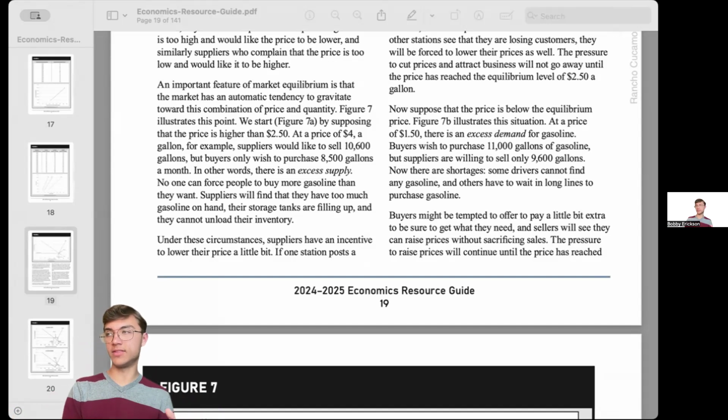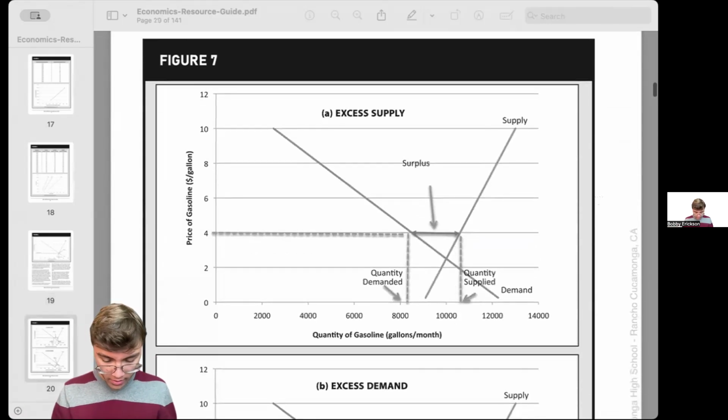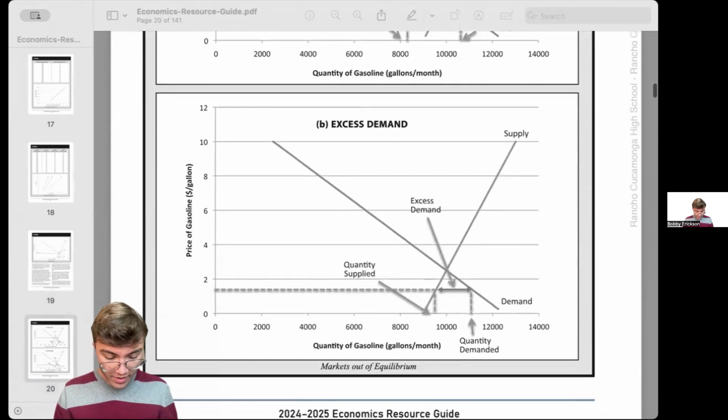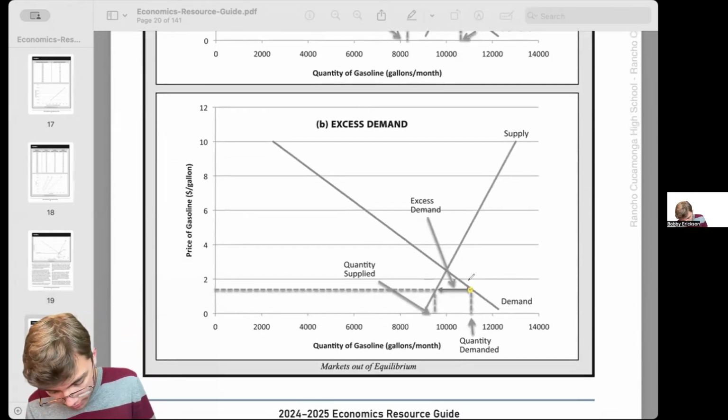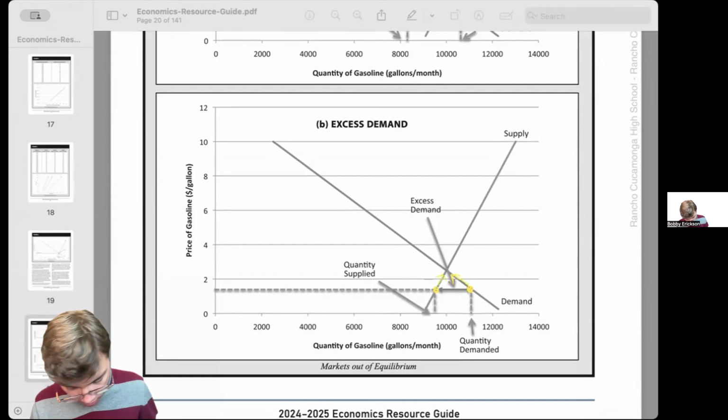And so if the gasoline companies just increase their supply a little bit and at a higher price point, then the customers will be willing to buy that because there are too many people that want it, and at a higher price point they would be willing to take it because otherwise they might not be able to get it at all. And so this is another example of how these points will gravitate towards equilibrium here.